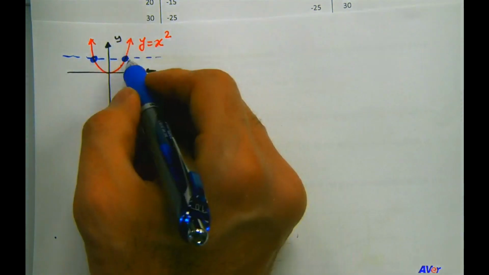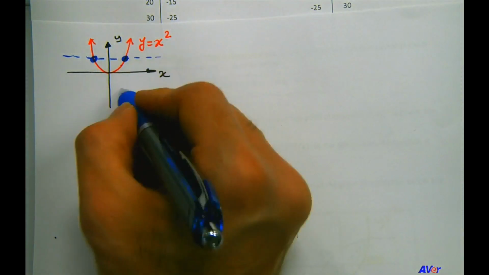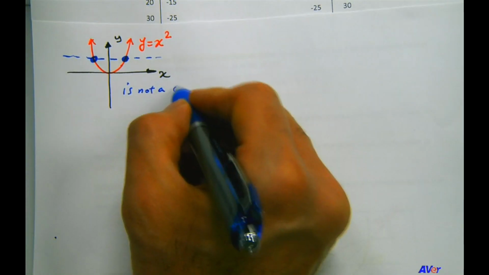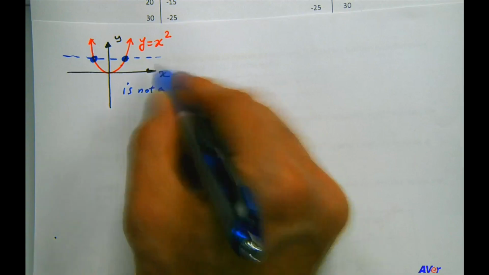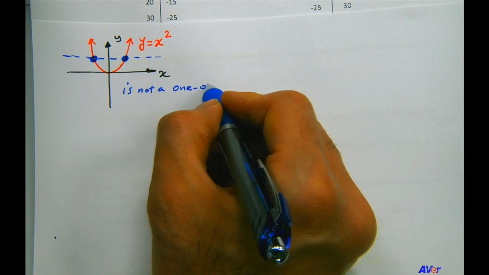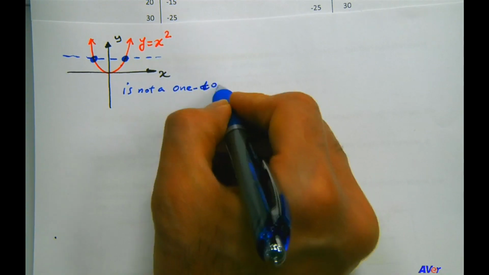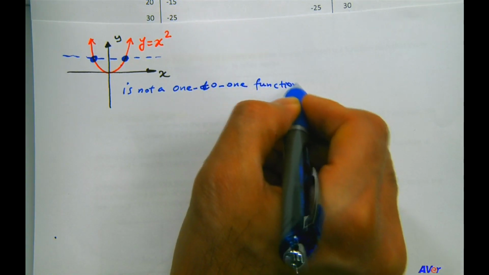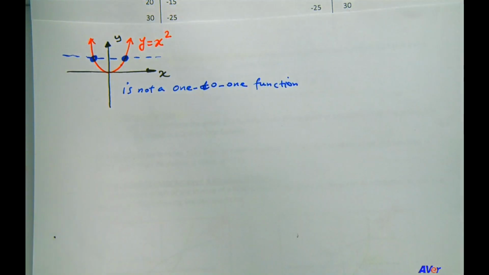So y equals x squared is not a one-to-one function. It is a function, but it's not a one-to-one function. In other words, in its current state, it does not have an inverse.